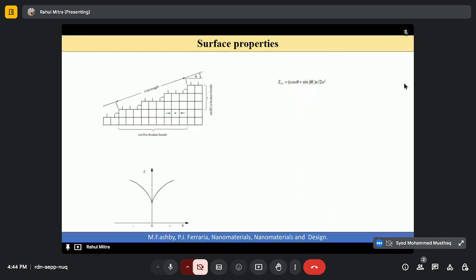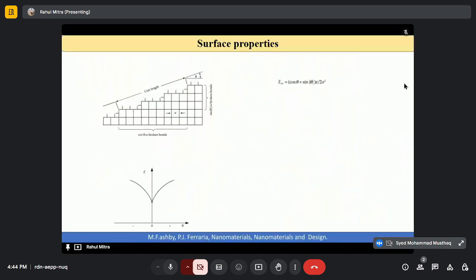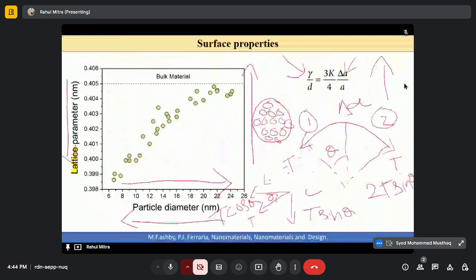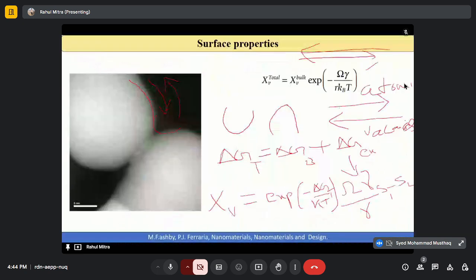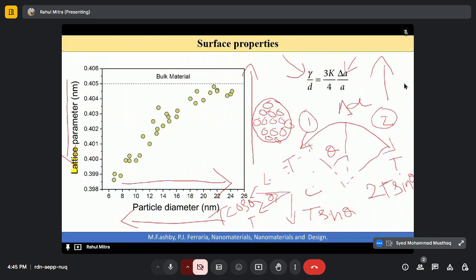Now let's move on to what we have discussed so far. Let's go backwards. At first we discussed how the mole fraction of vacancies changes with the surface or with the curvature, and next we defined how the lattice parameter gets affected with respect to surface energy and the particle diameter.